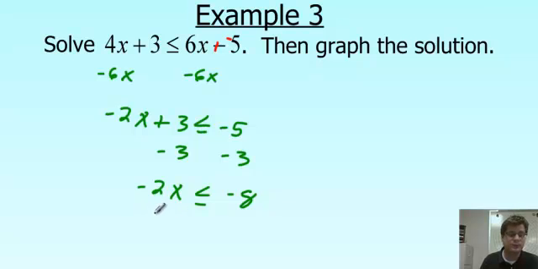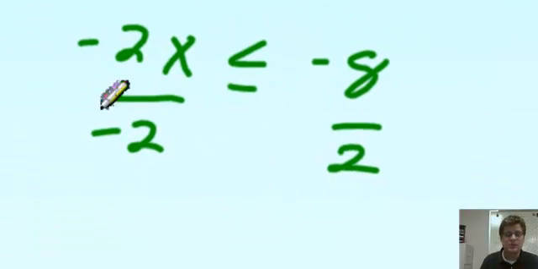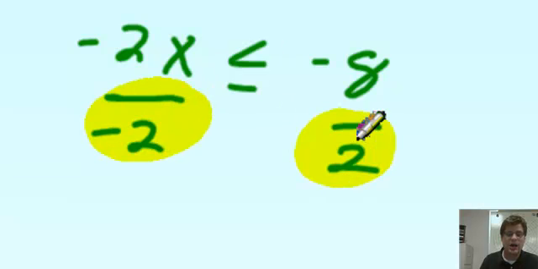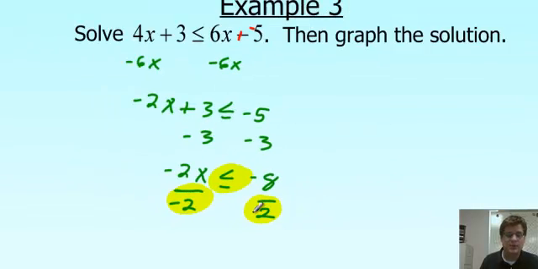And then I'm going to divide both sides by negative 2. Now this step here is really important because I'm dividing by a negative number.